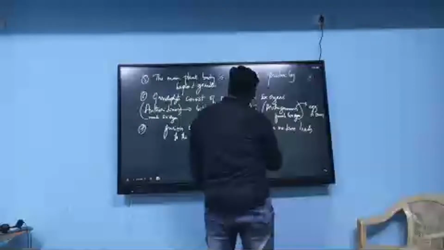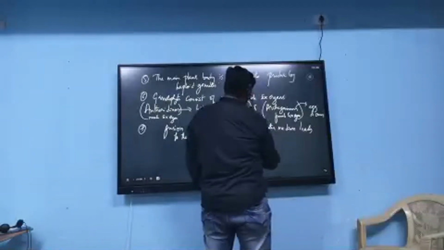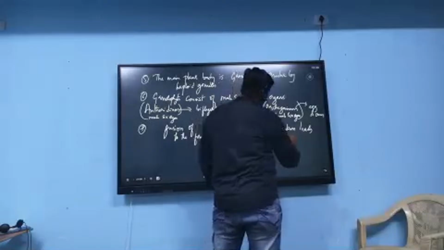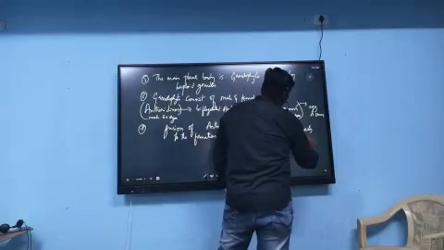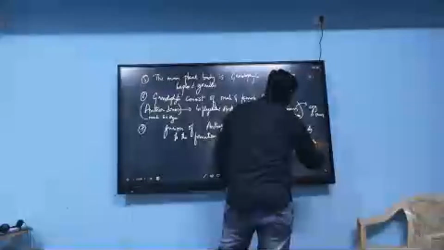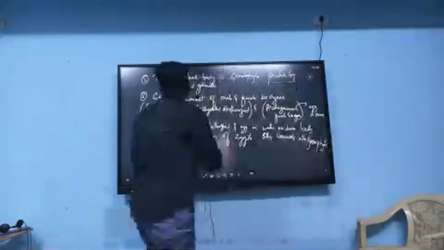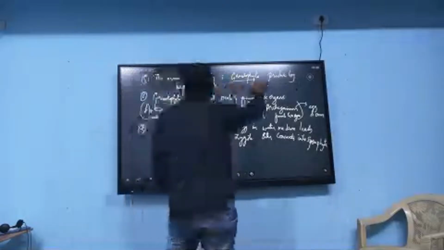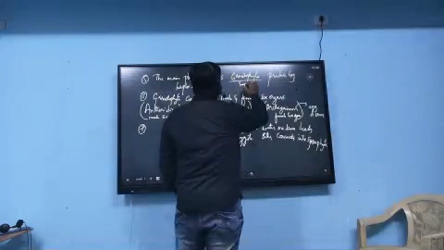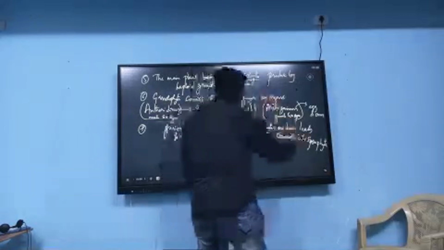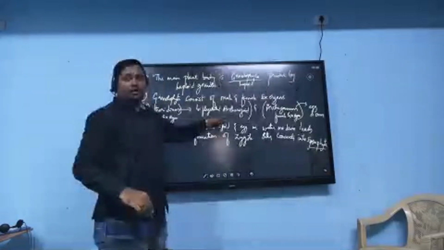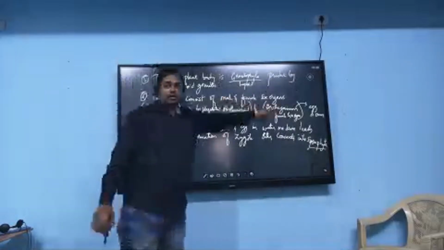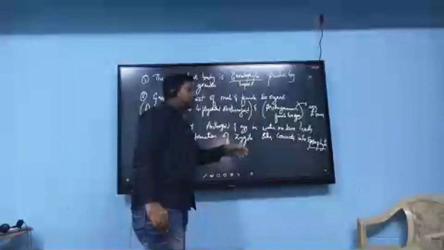Zygote later converts into sporophyte. Gametophyte is haploid in nature. Here the sporophyte, since n cell and n cell together become a 2n cell, is the 2n sporophyte body.